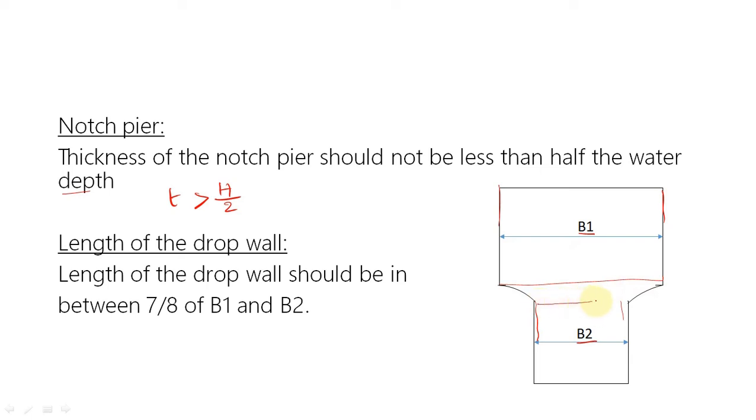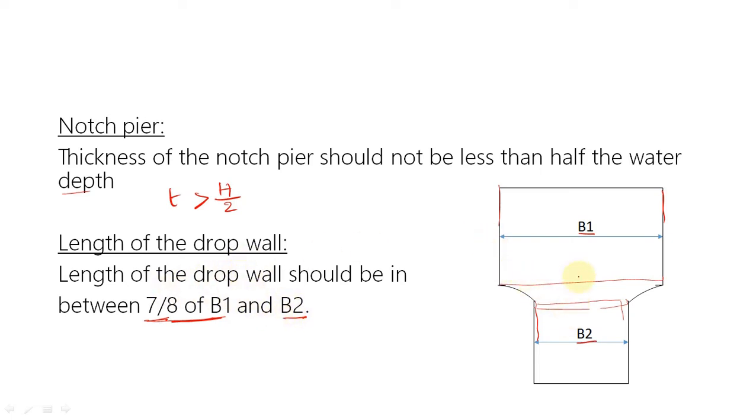One thumb rule is 7/8 of B1. The length of the drop wall should be in between 7/8 of B1 and B2. So such that we will fix the length of the drop wall.